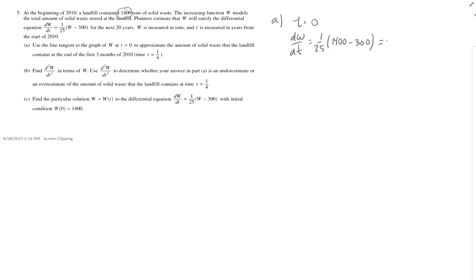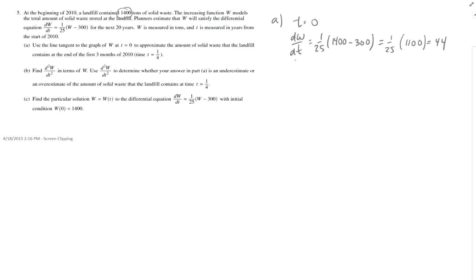If you get to that situation, check things out. Just remember, what does W represent? W is the amount of solid waste at t equals 0. Okay, 1/25 times, again, no calculators on this one, 1,100, which is 44 if you divide that.